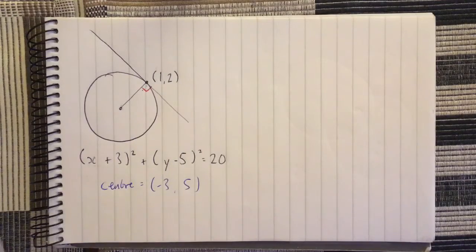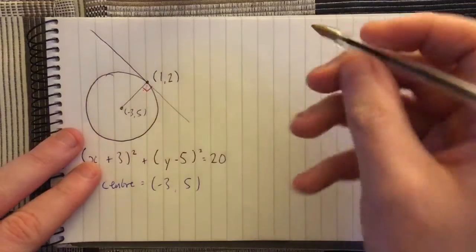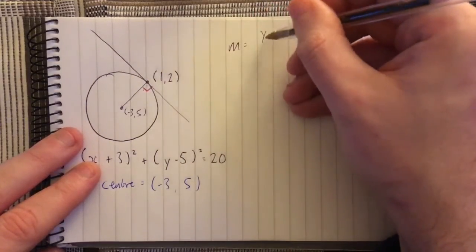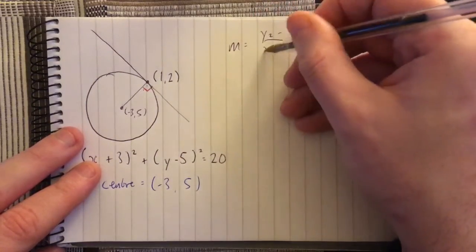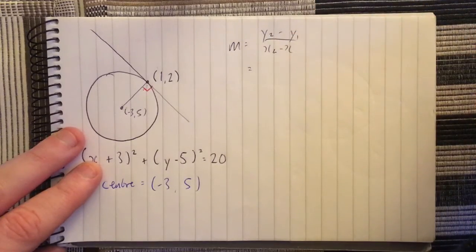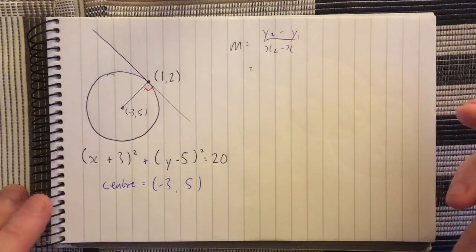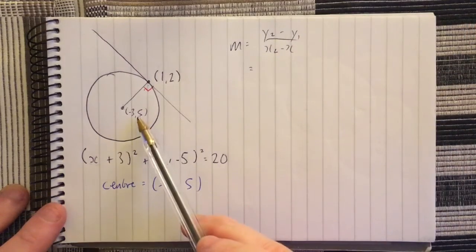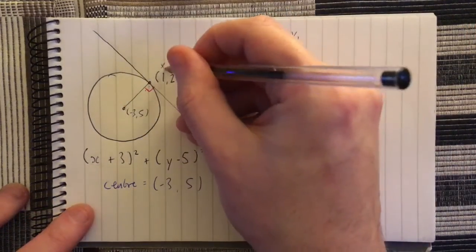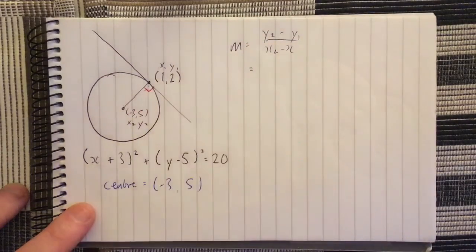So the next thing to do then is to get the slope of the radius. So slope is y2 minus y1 over x2 minus x1. Everyone's getting on all right with this. I'll call this x1, y1, and I'll call this x2, y2.